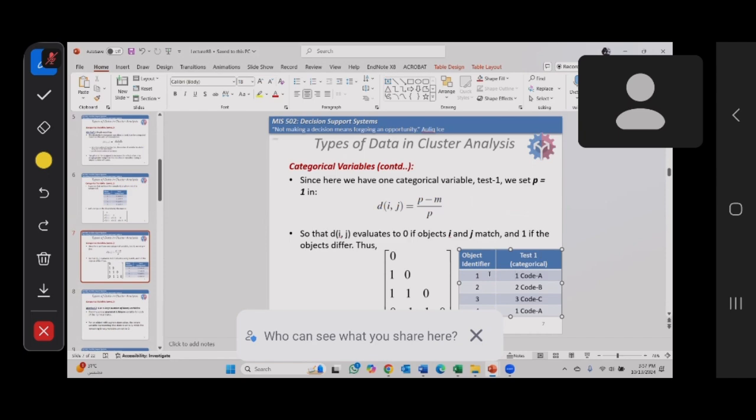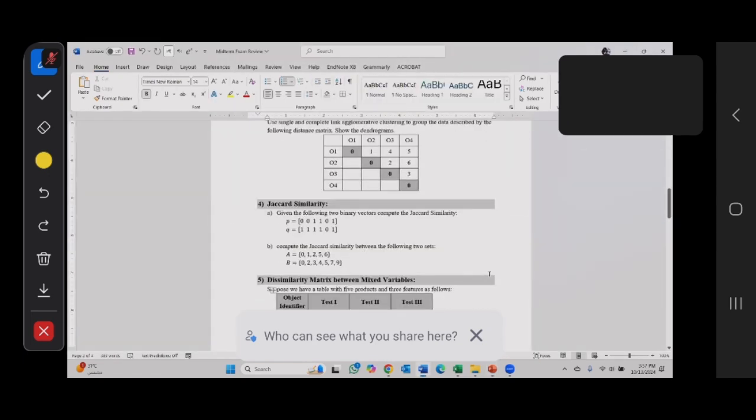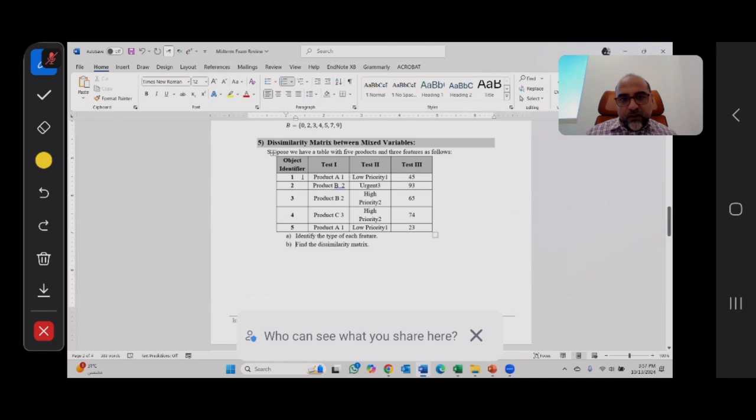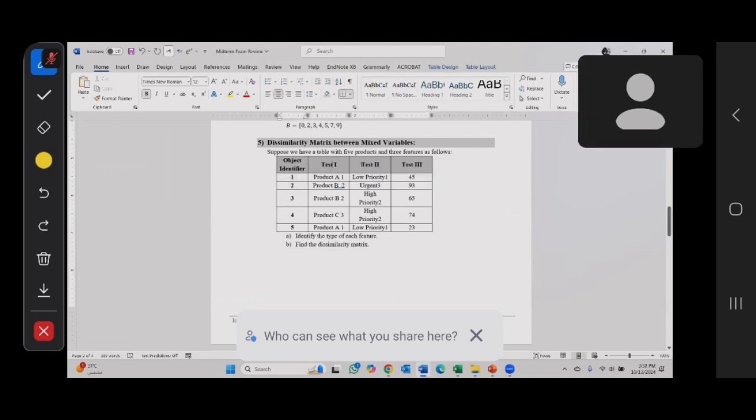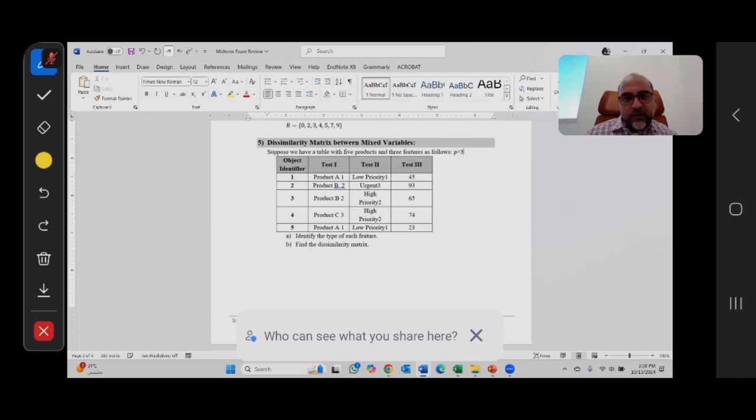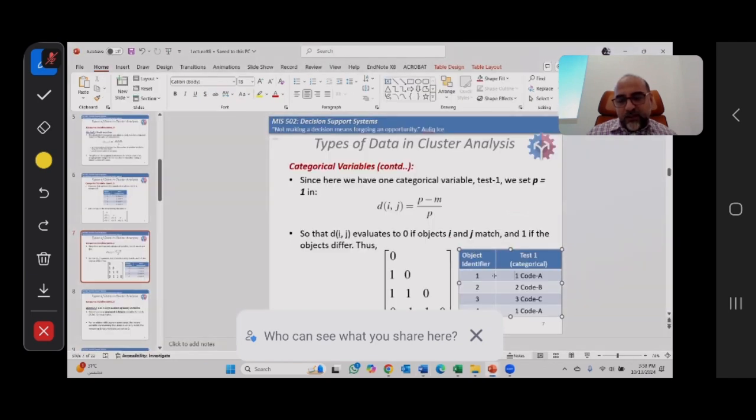So it's only one test. Now compare it here. This 1 and 2 object are compared based on what? 3 tests. Yeah, that's what I say. So P here, in this case, is 3. But P in this case is only 1. You can see that P is only 1.